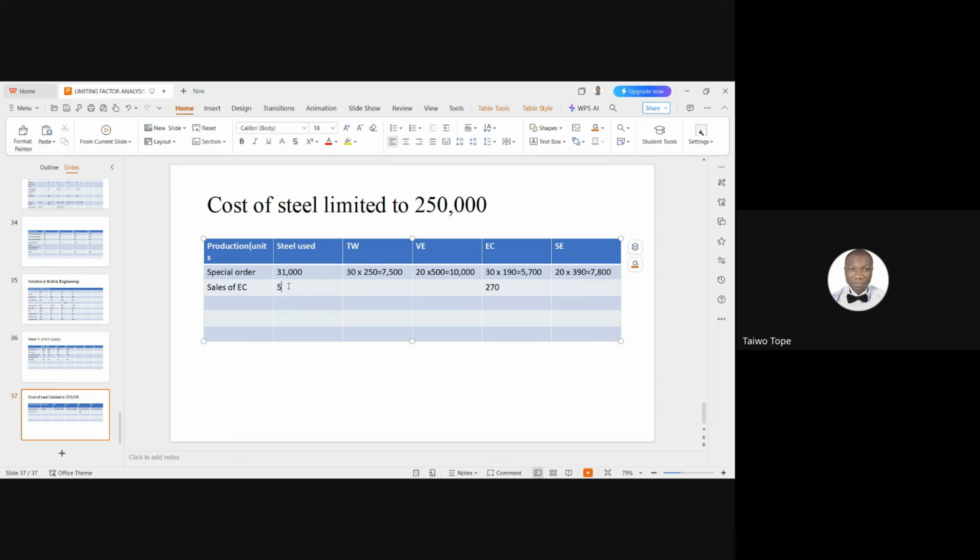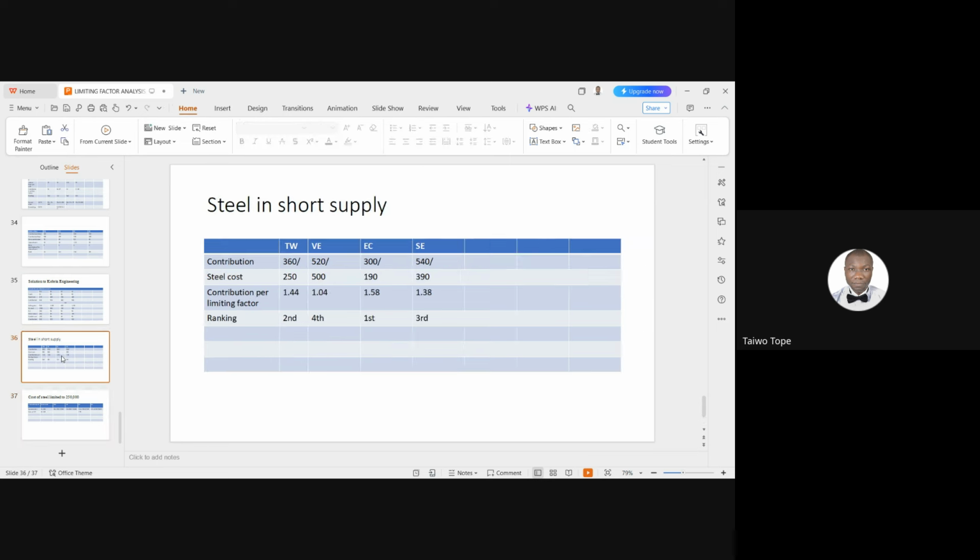Hope everybody is on the same page. So you go to the ranking again, which is ranking second?